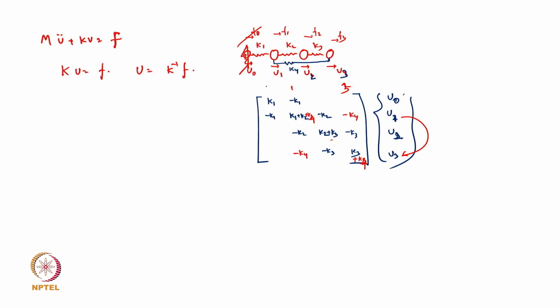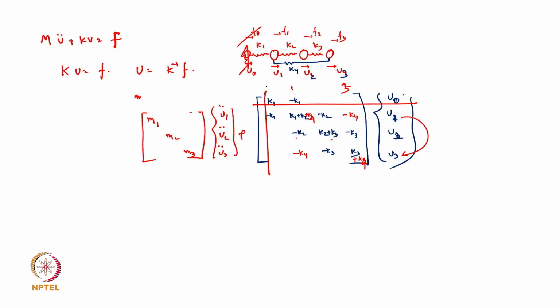Nice. So this way we can write the stiffness matrix. But if you see the mass matrix, it just remains a simple diagonal. You will have it here, and then this is 0, so you will cut it, and we will have the mass matrix like this: m1, m2, m3, u1, u2, u3 with double dot, plus this, equal to whatever.